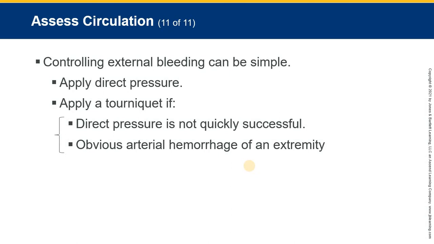That's used if direct pressure is not working quickly and there's arterial blood. The first thing you're going to do is apply pressure. If the pressure doesn't help, you're going to go to the tourniquet. If someone's having arterial bleeding to an extremity, we may just put our hand over it, have our partner hand us the tourniquet, and apply it immediately.